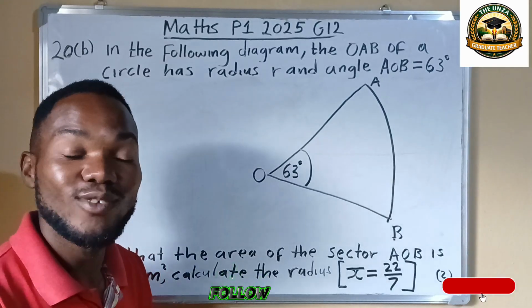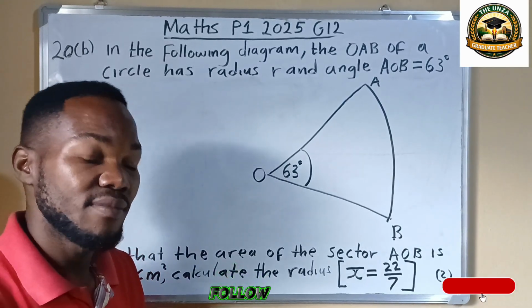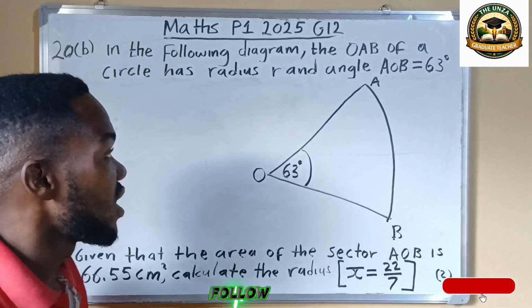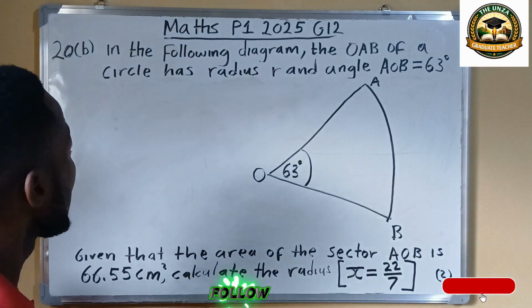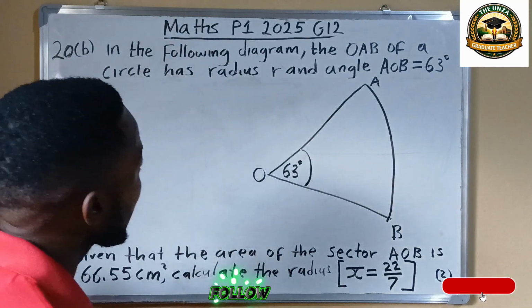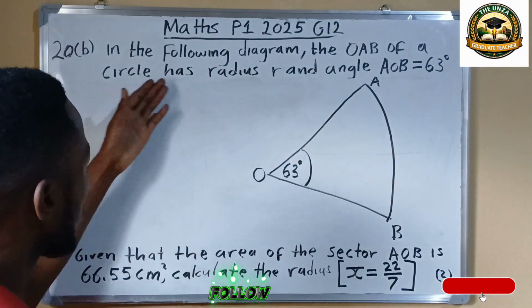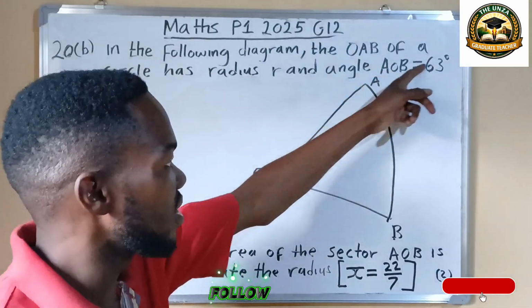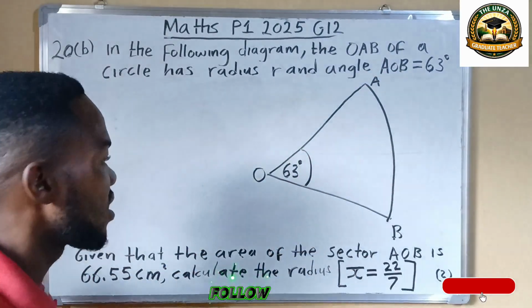In today's lesson, guys, we're looking at the question which came in the mathematics last year exam, question B, a question of a sector. The question was saying, in the following diagram, the sector AOB of a circle has radius r, and the angle AOB equals 63 degrees.